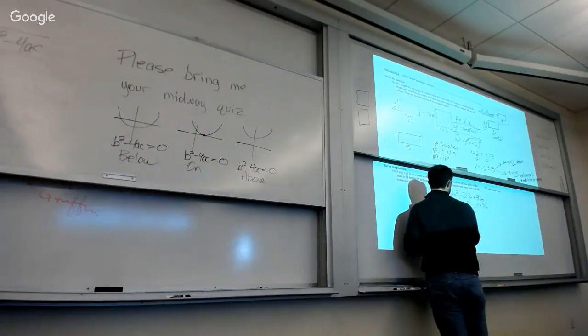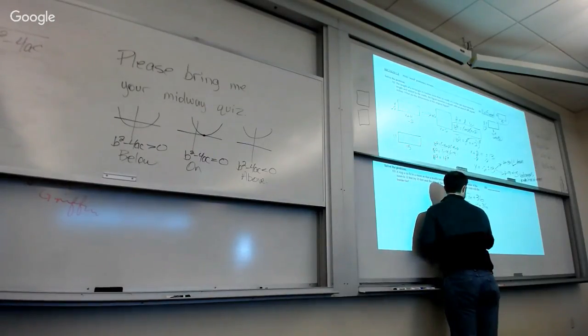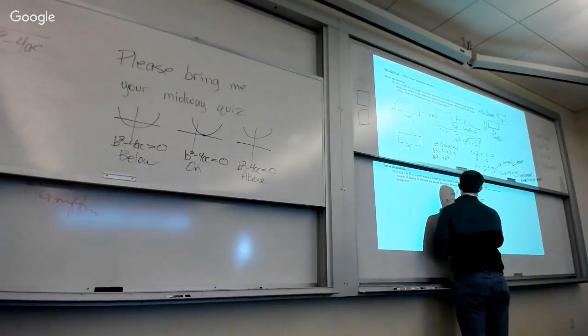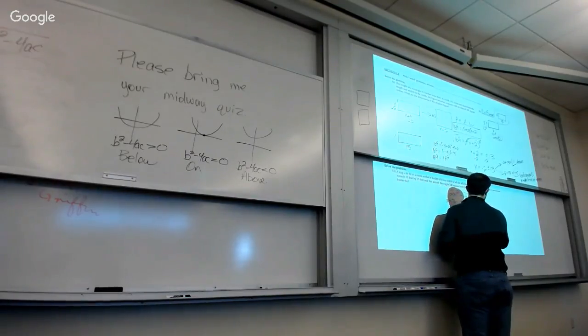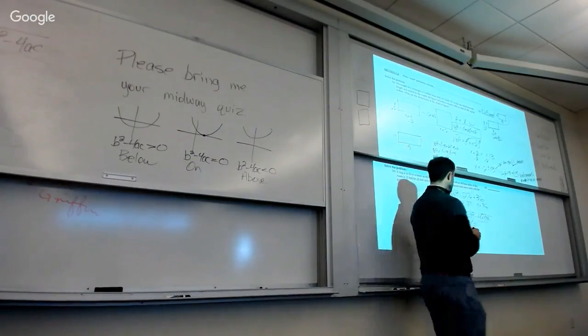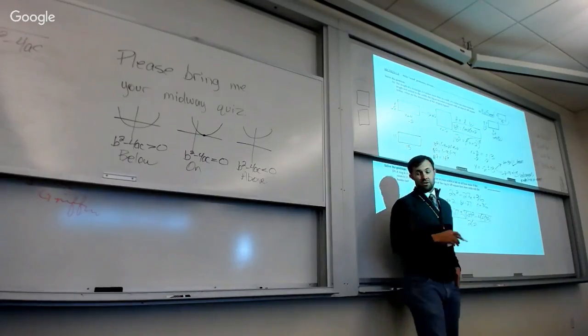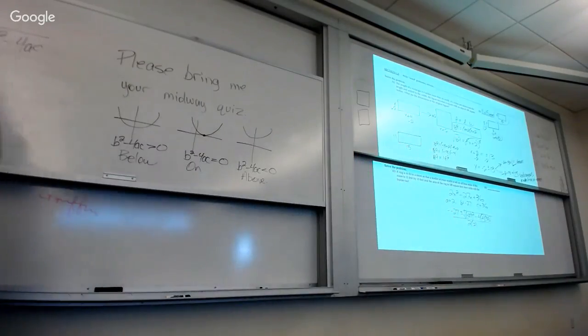So you would do negative b plus or minus the square root of b squared minus 4 times a times c, all over 2a. Now all of that you could plug into your calculator, right? I wouldn't plug it all into your calculator all at once. That could be catastrophic. I would just calculate little bits at a time.